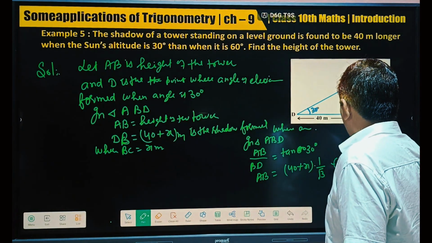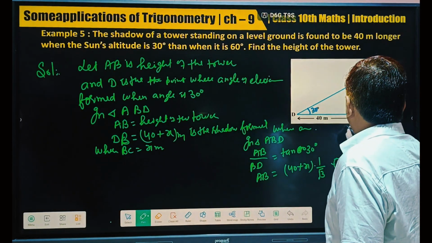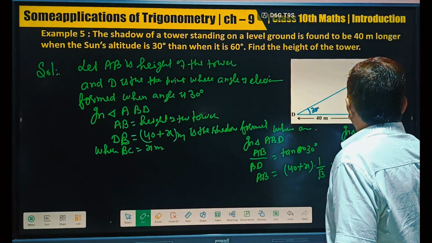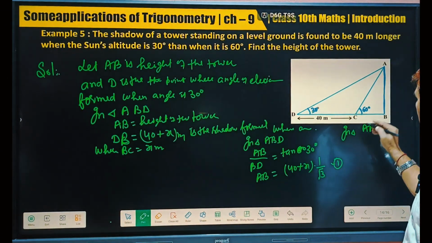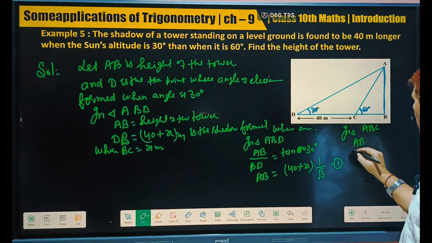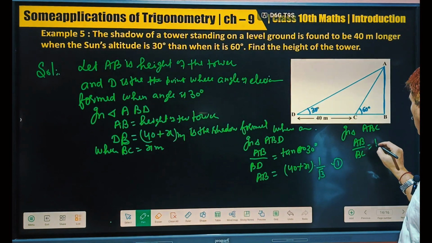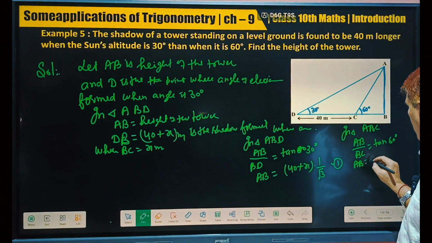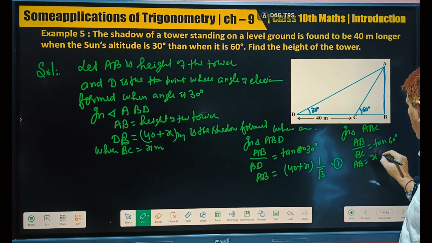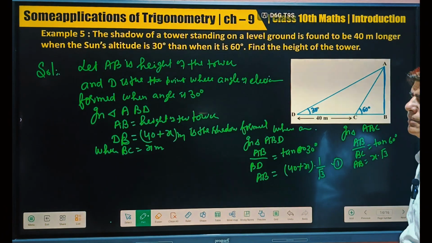This is your first equation. In triangle ABC, AB by BC is equal to tangent 60, so AB equals BC times root 3, where BC equals x.